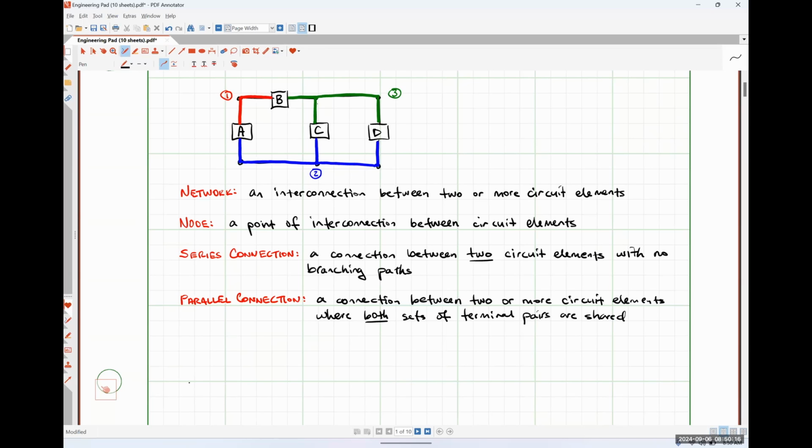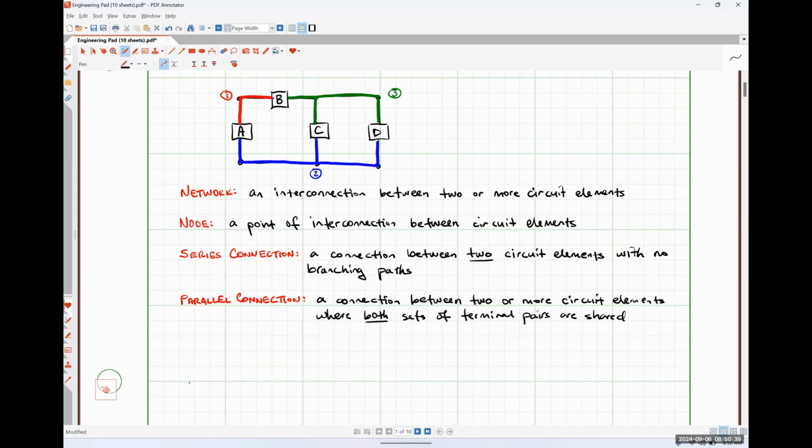Ashton, I'm sorry, you're the only, well, actually, no, Faith. I remember your name, unfortunately, I guess, by the look on your face. Are elements B and C connected in parallel? No. Why not? Exactly right.